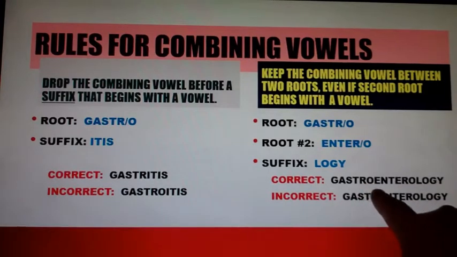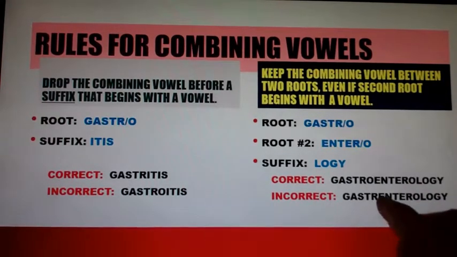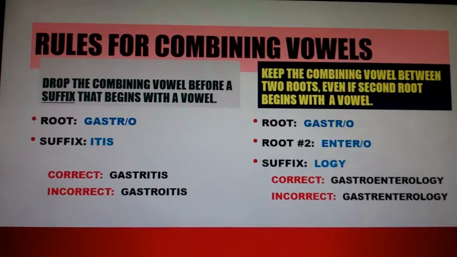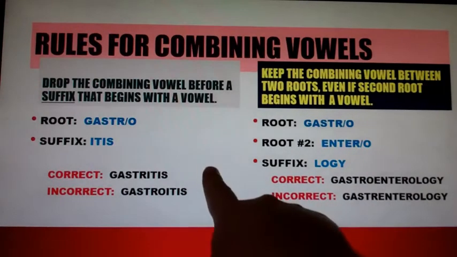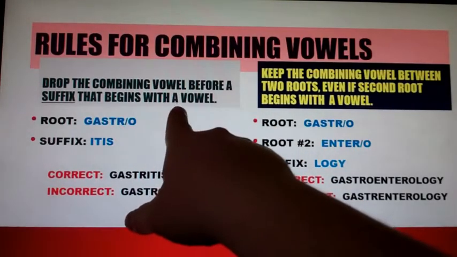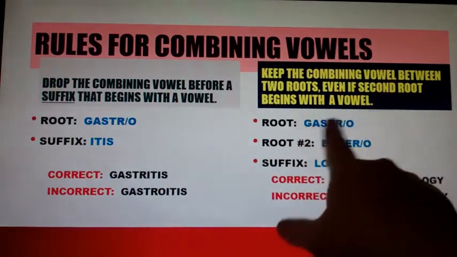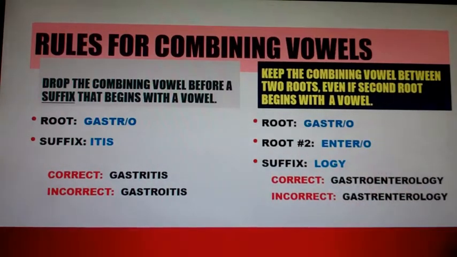Notice that they keep the combining vowel in these cases. Incorrect would be to remove the O in gastro. So the difference is that before a suffix that begins with a vowel, you drop the combining vowel. But if it's before another root, then you keep it.